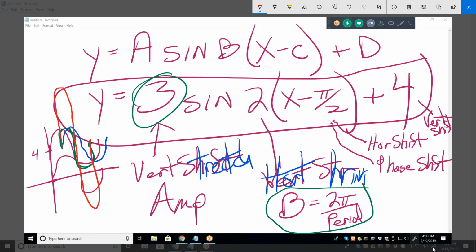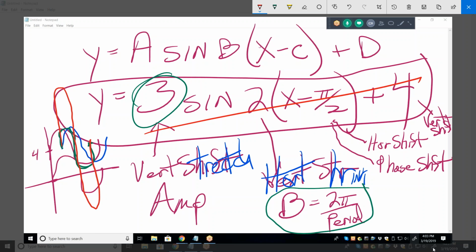So that orange curve would be basically what this function would look like. If they gave you that function and said graph it, you'd end up with the orange curve. But the way you would do it is exactly the way I did it, which would be to start with what sine of x looks like, and then just make all of these adjustments.